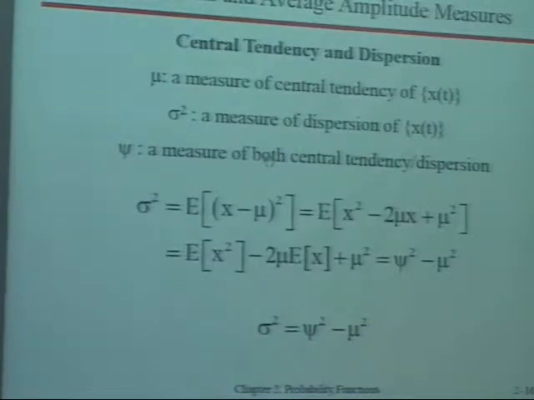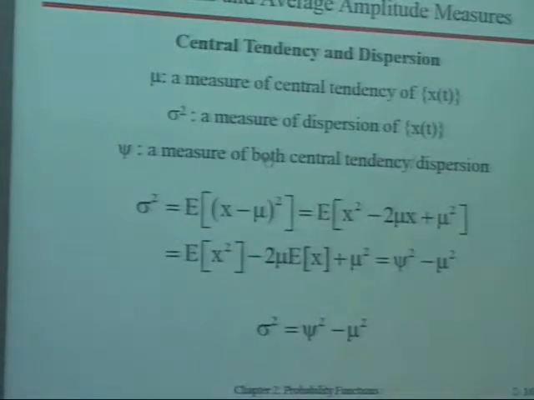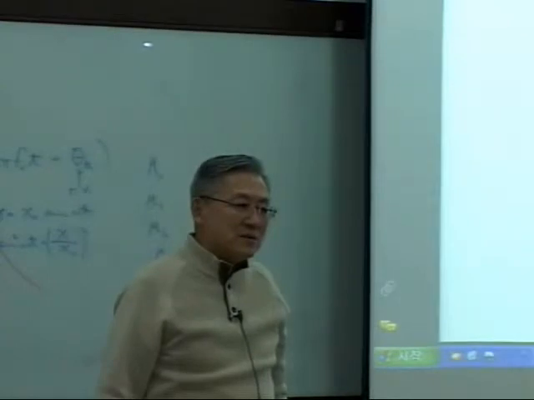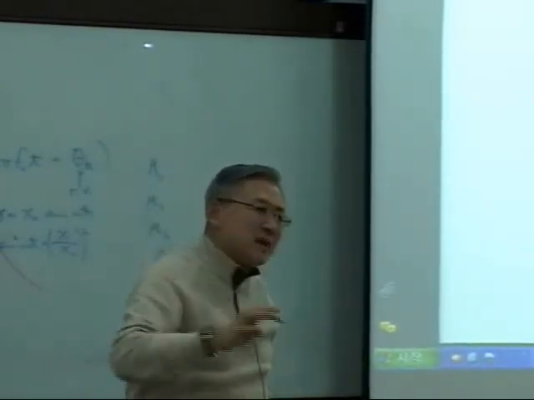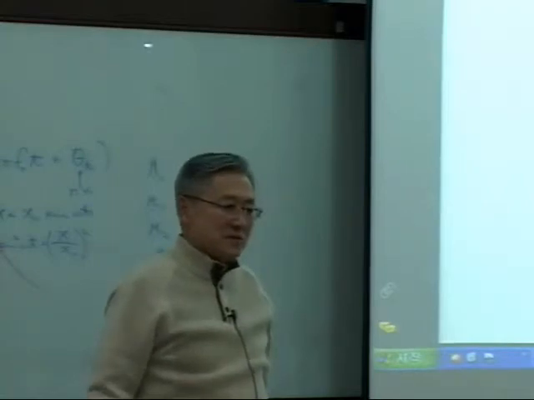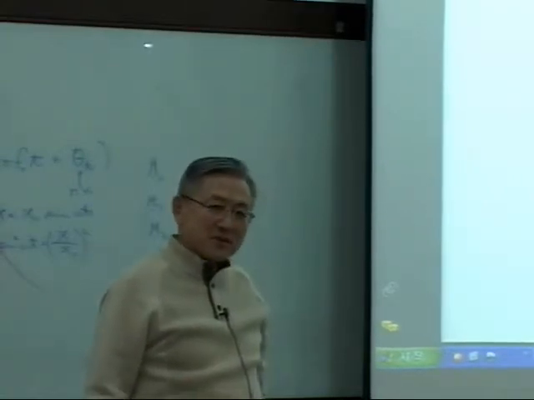Integration of x times p(x) dx is what the mean is. What's the reason you are dealing with the mean value? What's the central tendency? What's about the average value? That's what you're looking for.